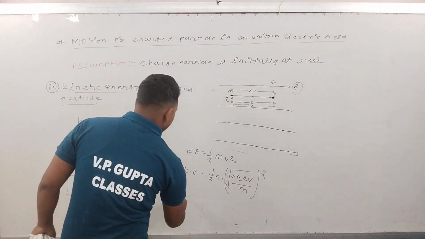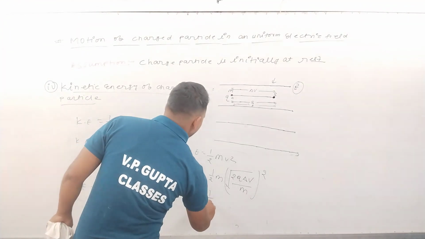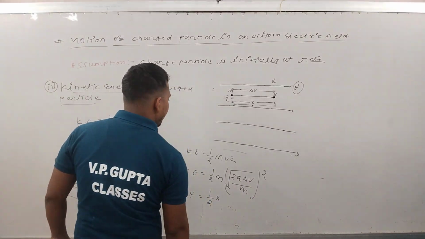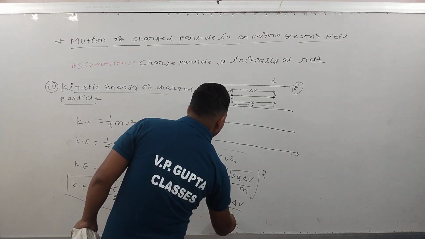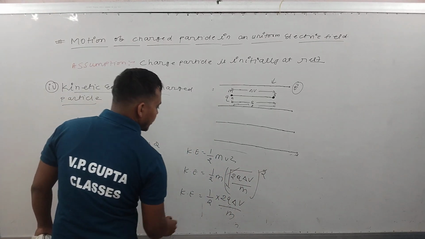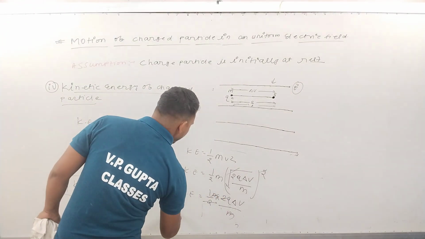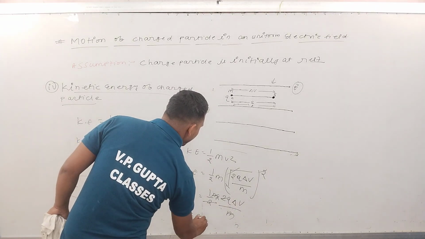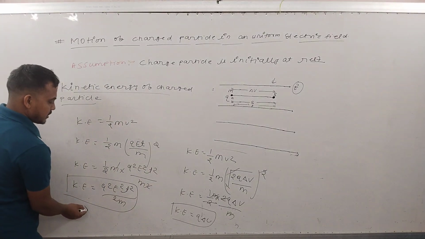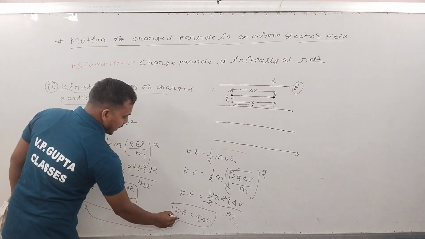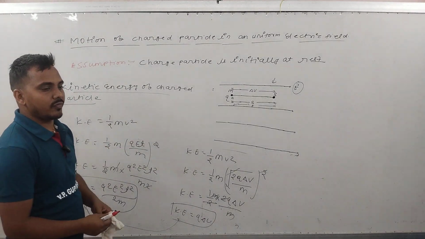Then kinetic energy is equal to half into 2q del V divided by m; the square and root cancel, the 2 cancels, and the m cancels. So kinetic energy is equal to q into del V, and in terms of t as above. These are the two formulas for kinetic energy of the charged particle in uniform electric field.